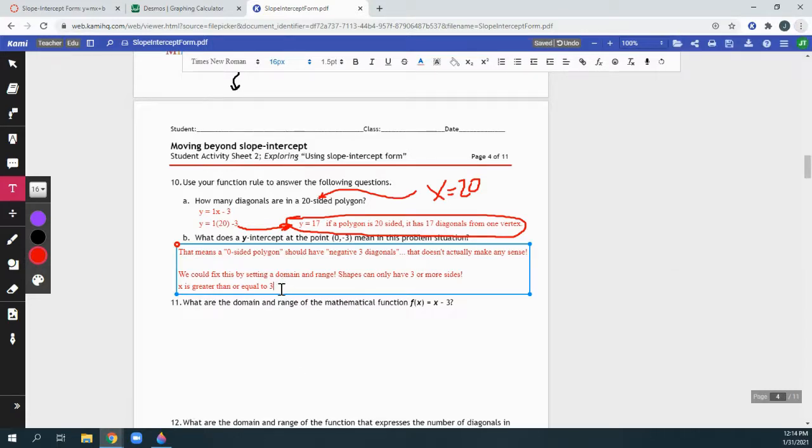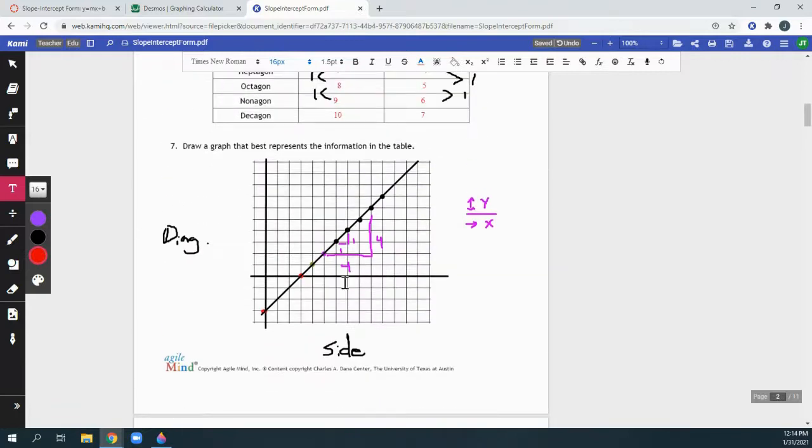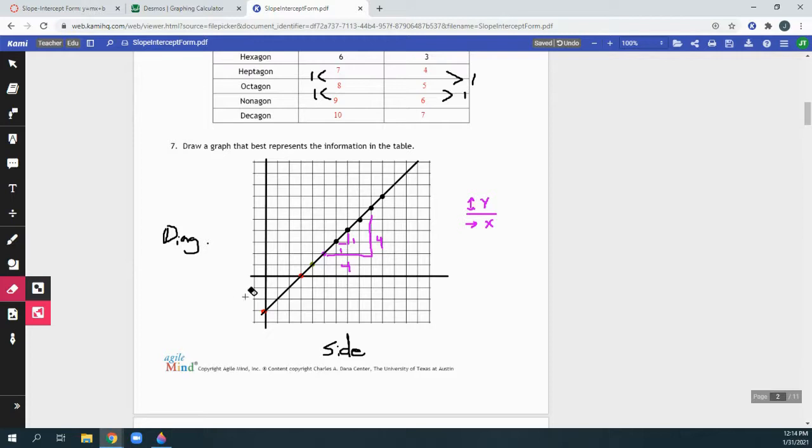So y would be greater than or equal to 0, which is why they started with a triangle. That means a 3-sided shape should have 0. That's where we start.